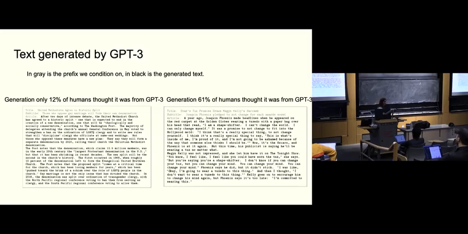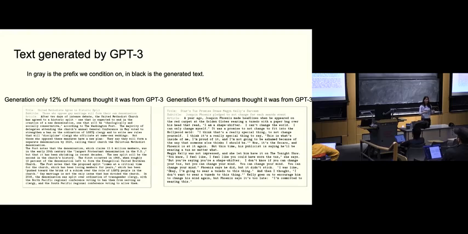Now these models can generate whole articles, and it's very difficult for a human to tell whether the article is fake or not. What I show here in gray is the conditioning prefix that you give to your trained language model, and what you see there in black is the generated text from the model. On average, humans are able to tell with only 52% success whether the articles were real or generated by GPT-3, okay?